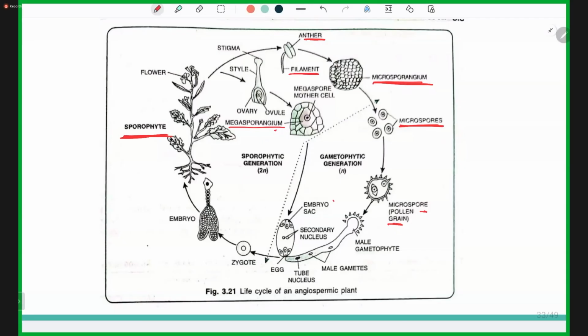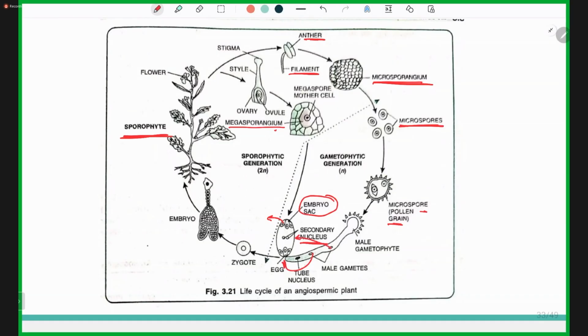Now, this is the embryo sac, consisting of the secondary nucleus, antipodal cells, egg, and two synergids. So it is seven cells, but eight nuclei are present. The microspore or the pollen grain gives rise to a male gametophyte consisting of two male gametes. Out of these two male gametes, one fuses with the egg and the other fuses with the secondary nucleus.